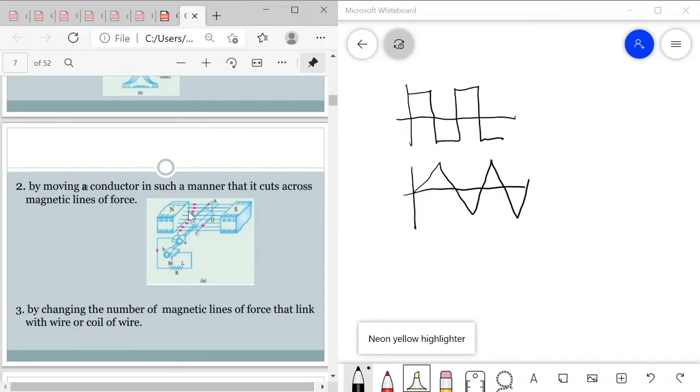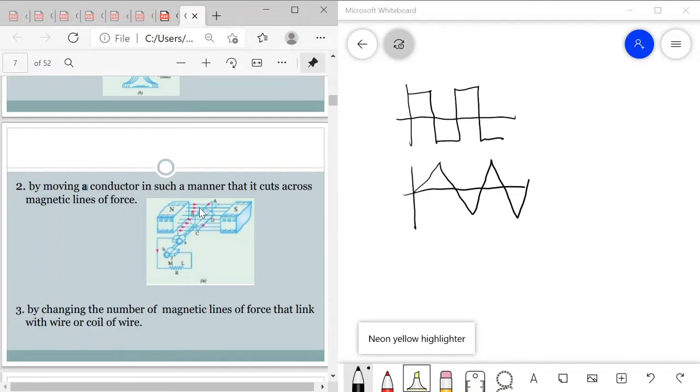Our lines of force is from north to south, this direction, and our conductor, this one, A, B, C, D, is connected to brushes that collect the alternating current, and it is connected to the load.